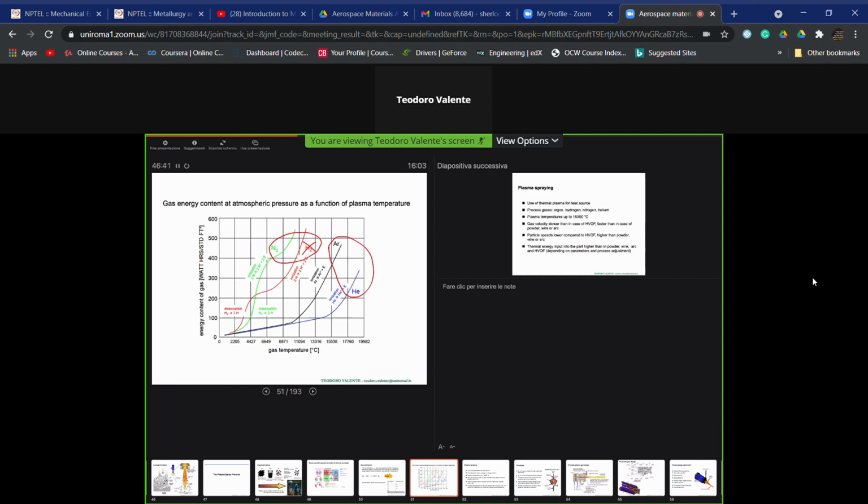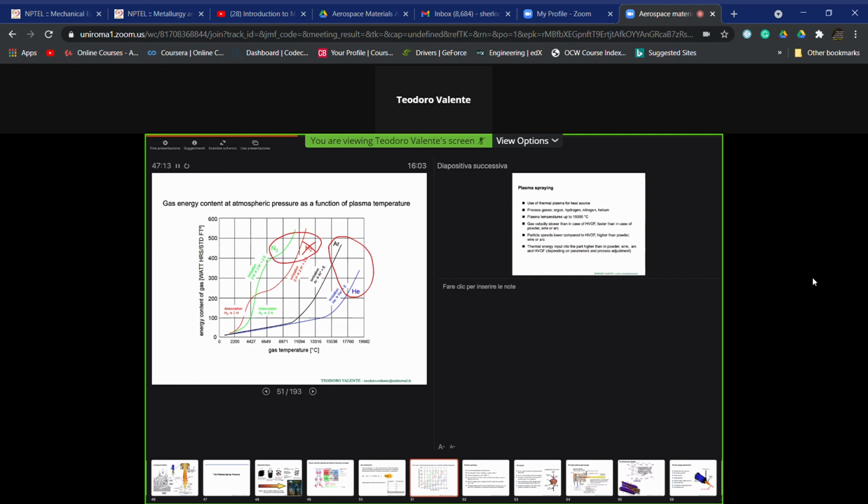One gas, used to form the plasma, will be present at higher volumes, at higher concentration, and this is also called primary plasma gas. And the second one, because generally most of the time, not all, they use a mixture of two gases, will be present in a lower percentage, and this will be called secondary plasma gas.